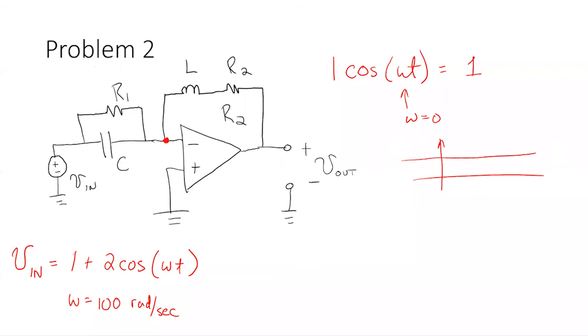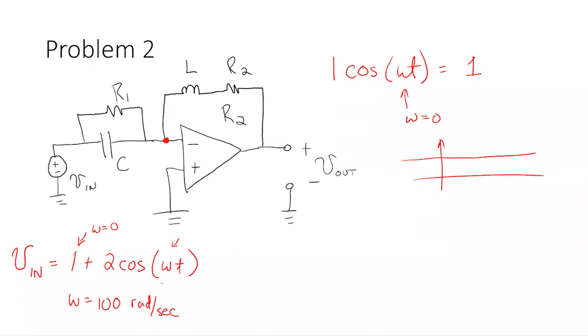It never repeats; he's always the same value and doesn't vary and then come back to the same point. This has an infinite period because it's the same value everywhere, which means its frequency is 0. So this is an omega equal to 0 term, and this is an omega equal to 100 radians per second term.